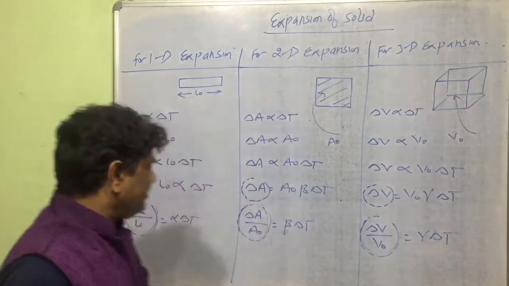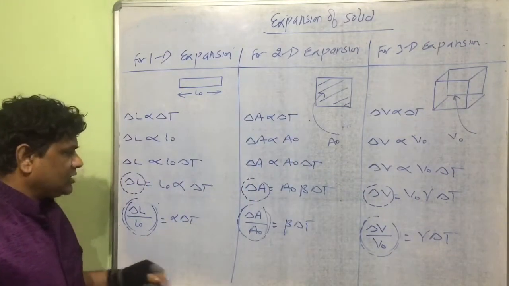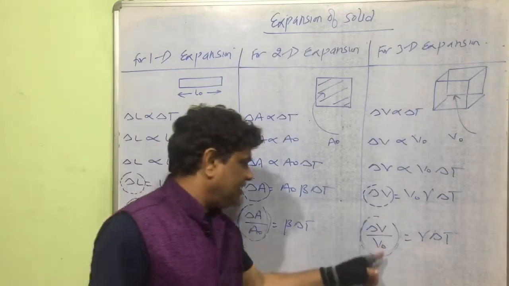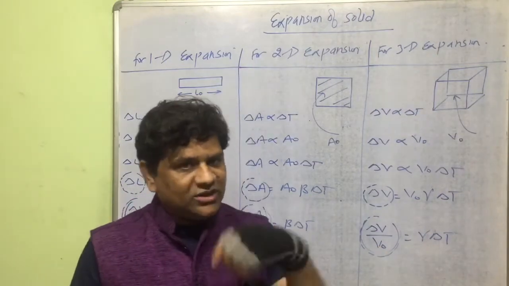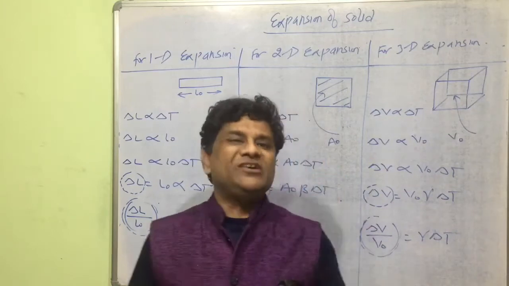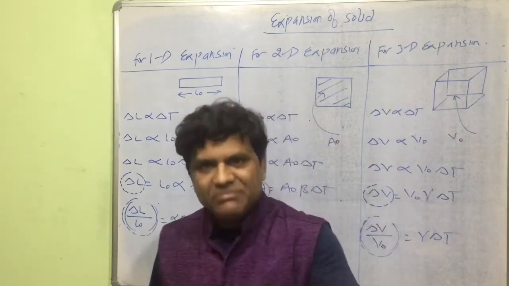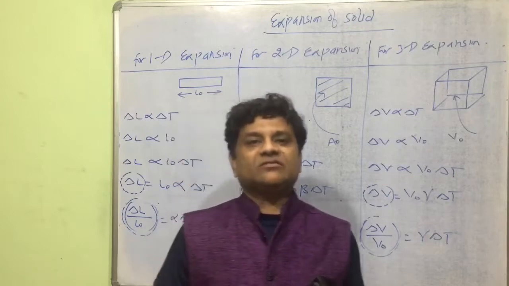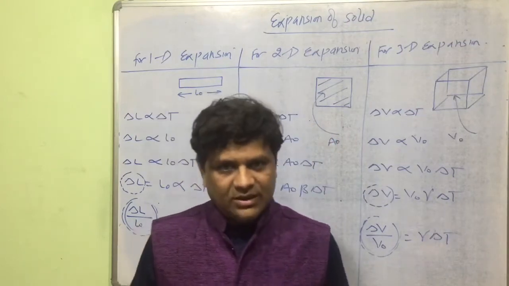Now, one more way we can discuss delta L by L naught, delta A by A naught, or delta V by V naught. There are three types of strains possible: one-dimensional strain, two-dimensional strain, and three-dimensional strain.